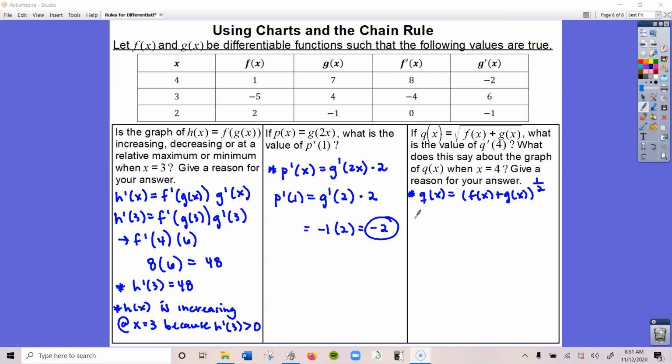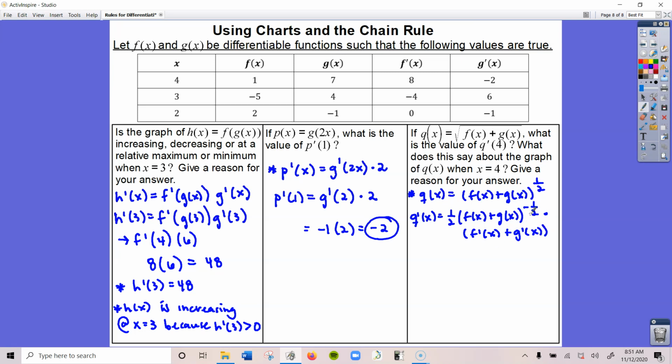So now we're ready to find the derivative. So q prime of x is going to equal 1/2 times f of x plus g of x raised to the negative 1/2, times the derivative of the inside, which is f prime of x plus g prime of x. This is my derivative.